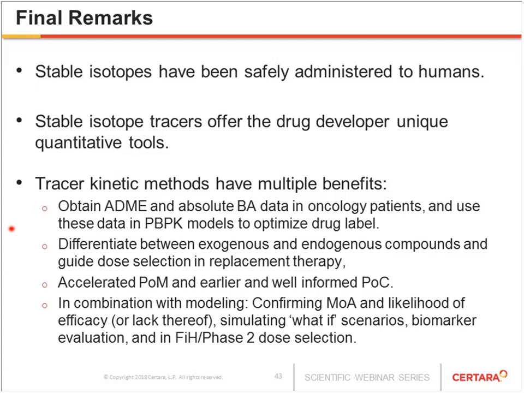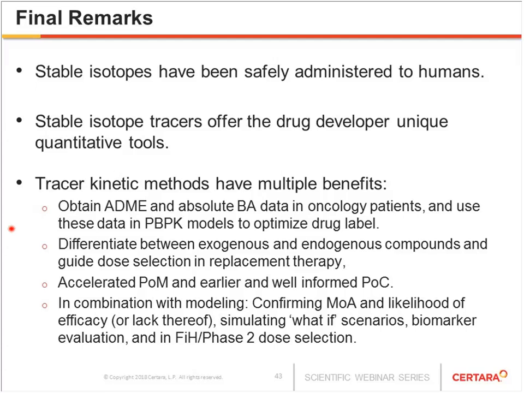As we've seen through the various examples, through the use of tracer kinetics, we were able to optimize and make feasible the conduct of ADME and absolute BA study in a population like oncology patients, where we could then use that data to further inform our PK model to optimize our label and also to streamline the number of studies required for our drug development.